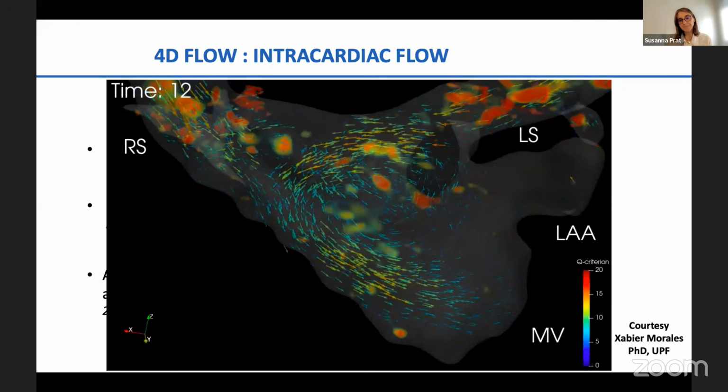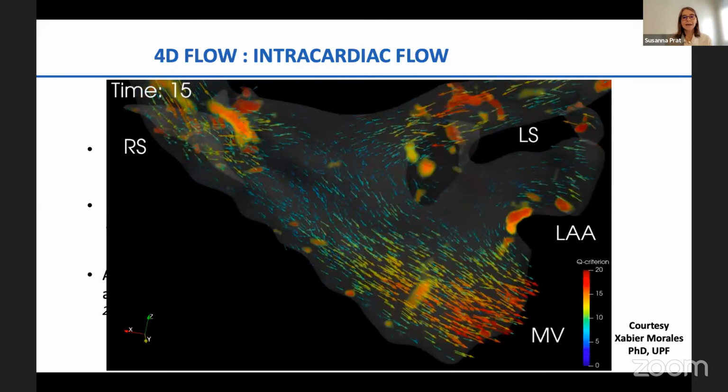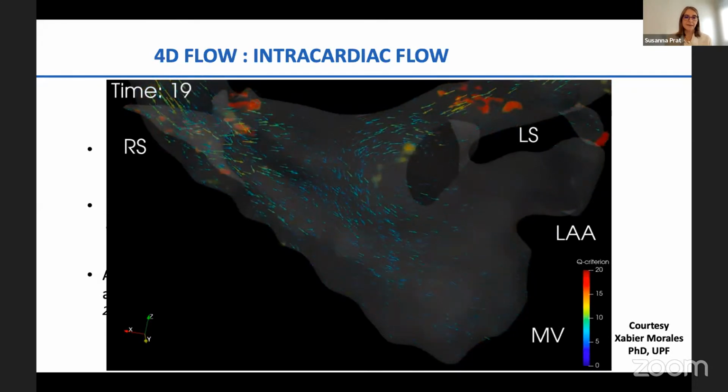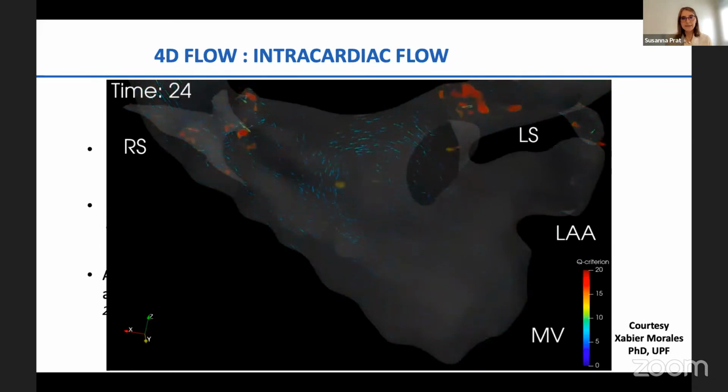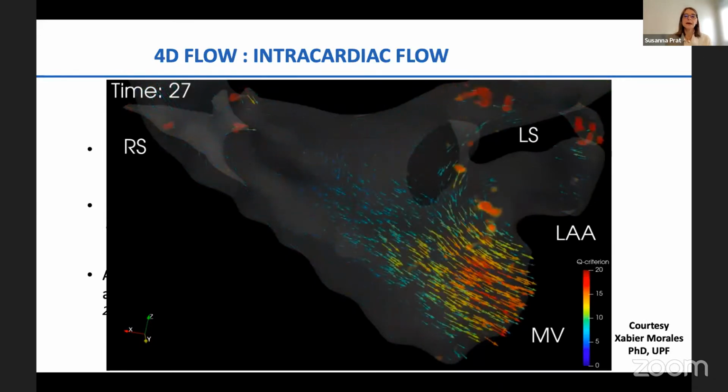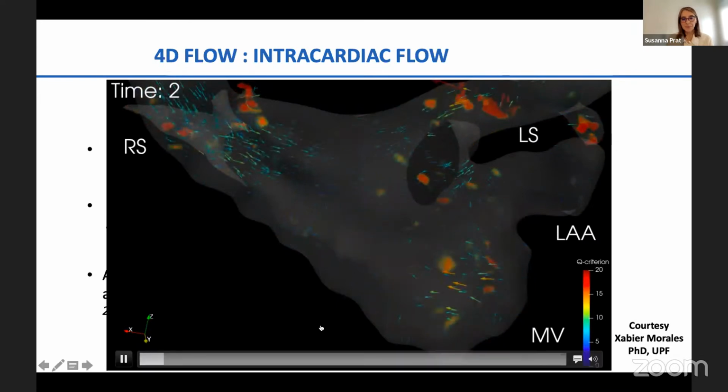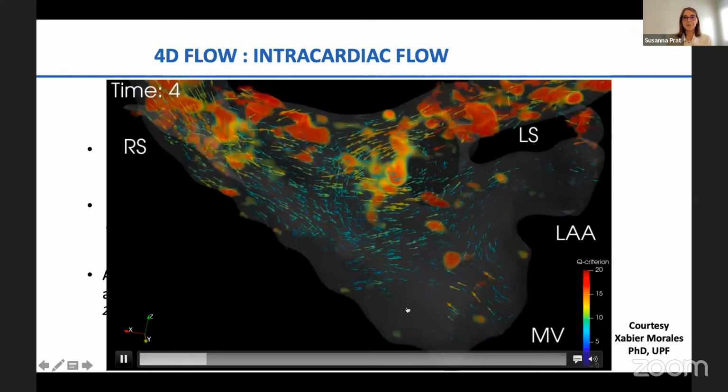This is an example, but we don't yet have the whole analysis of all the patients that we did. But hopefully in a few months we can get some information.